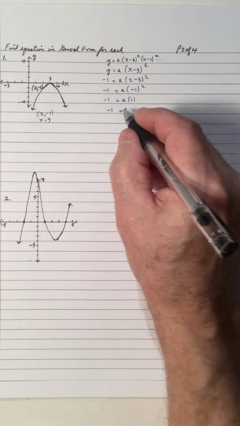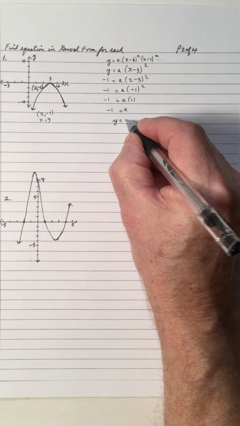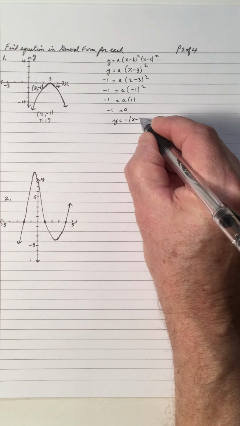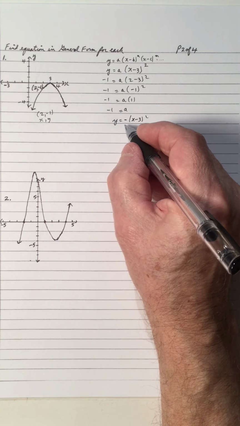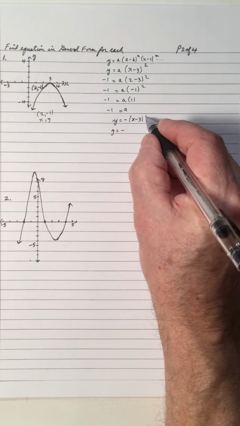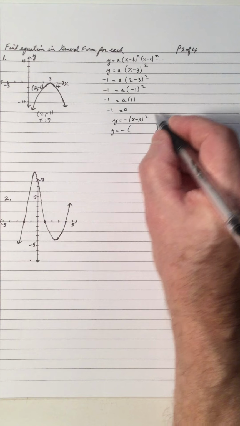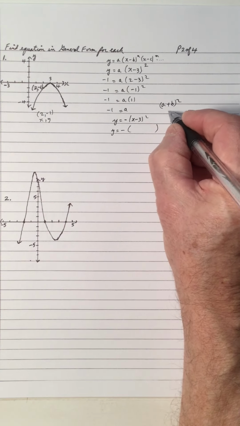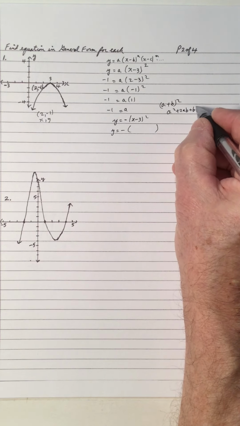So the equation is y equals negative, a is negative 1, so it's the negative of x minus 3 squared. That's in the factored form. We want it in the general form, so y equals, and we can square this very fast. Remember the square is like this: a squared plus 2ab plus b squared.